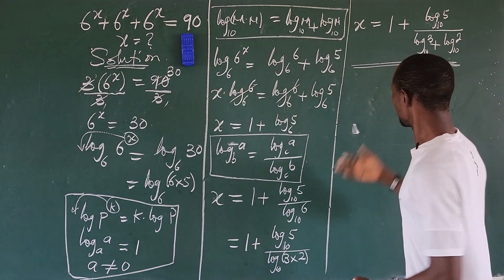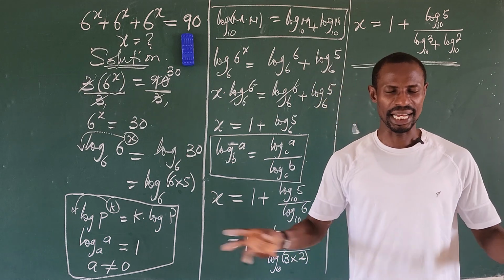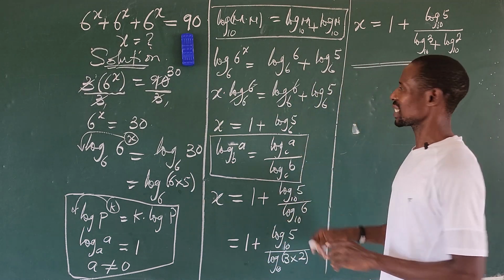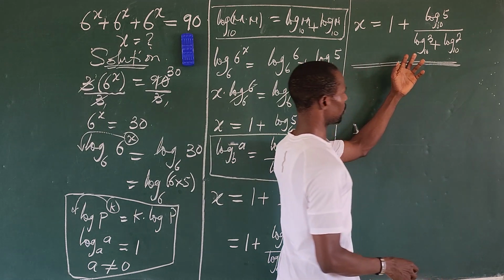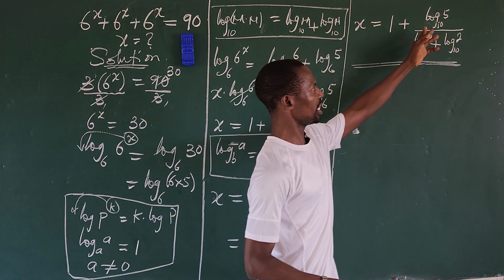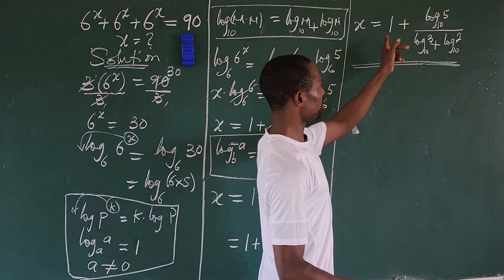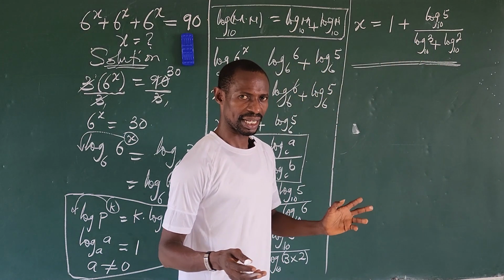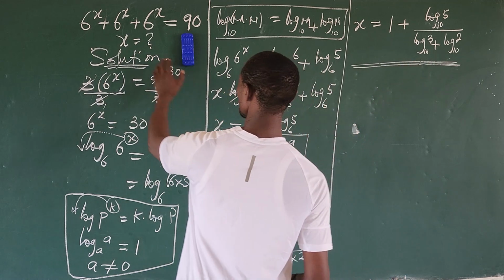But we want to plug this value into the original equation and check if it will satisfy the original equation. Again, you can use the calculator to find the numerical value of this, then divide this by the sum of this, add it to 1 to give you the same answer. But let's check here by plugging the whole of this into this system.